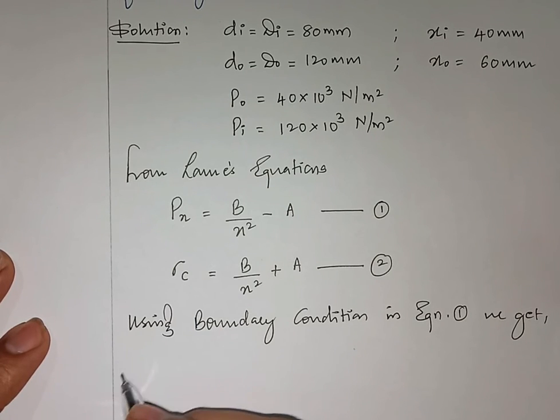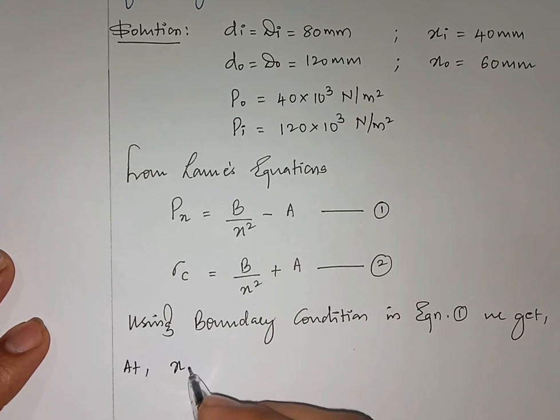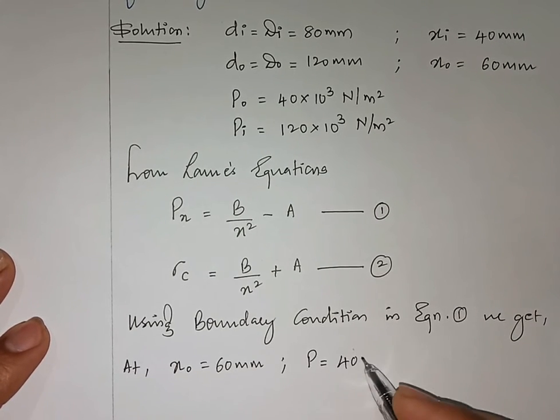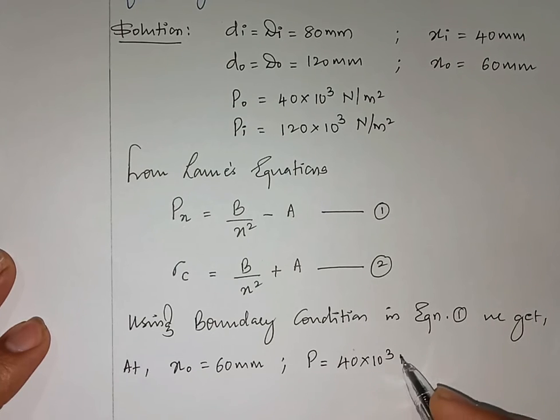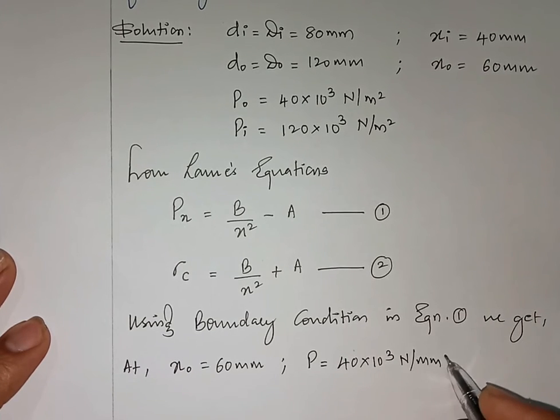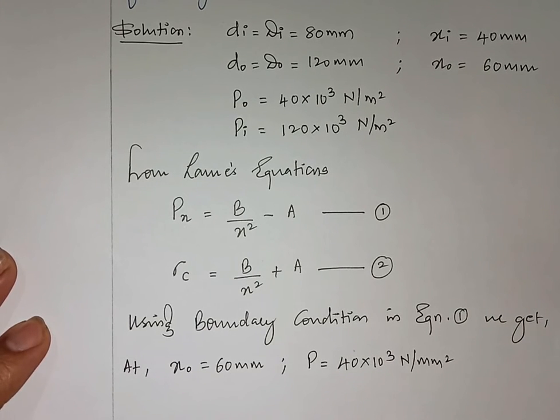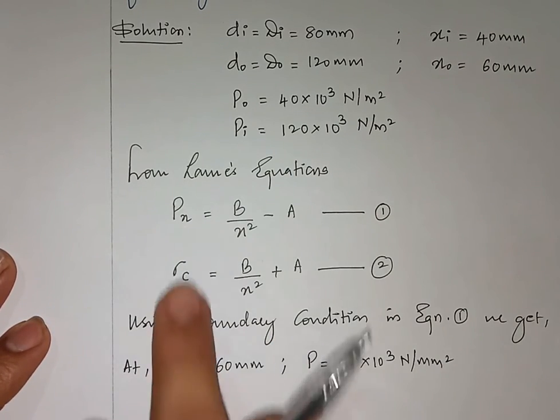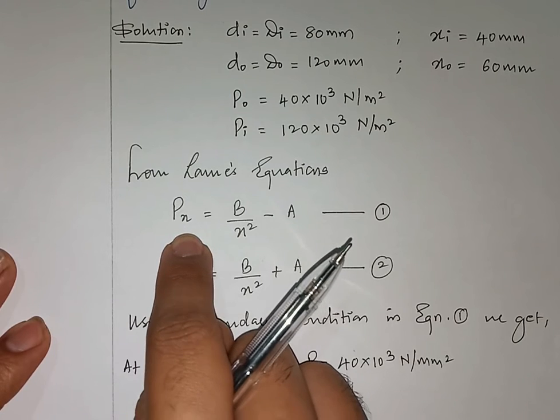So the first boundary condition will be, at x naught equal to 60 mm, P naught will be 40 into 10 raised to 3 Newton per meter square. So this will be my first boundary condition. Right, so values of x naught and p naught are both known. So I'll put that value in equation number 1.